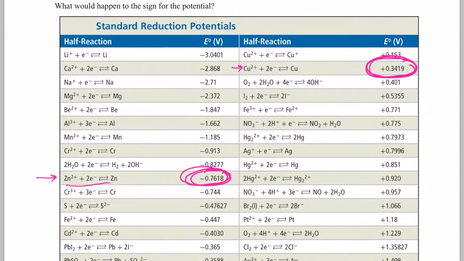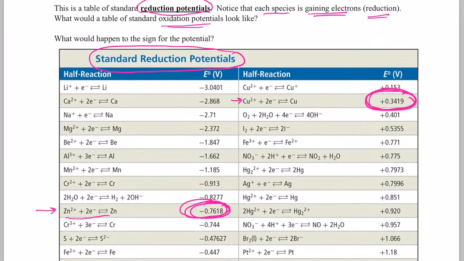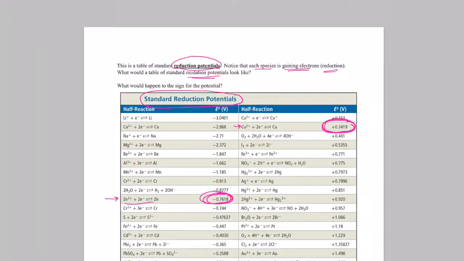So what you will see in your textbooks is you will commonly see standard reduction potential charts. You will never see standard oxidation potential charts because the publishers think that you're smart enough to figure out what the oxidation potential would be if you're given the reduction potential in that reaction. Remember, the oxidation process is the exact opposite of the reduction process, and so the signs for the potentials will change as well.